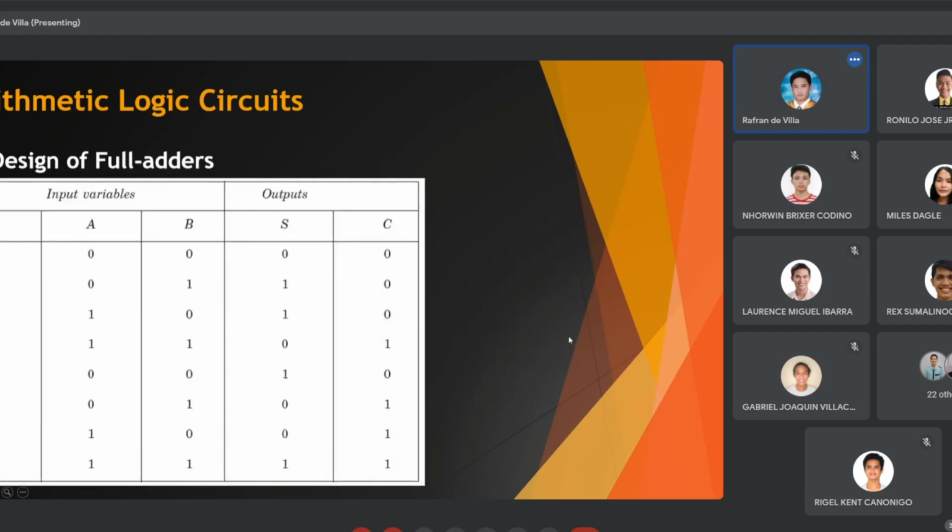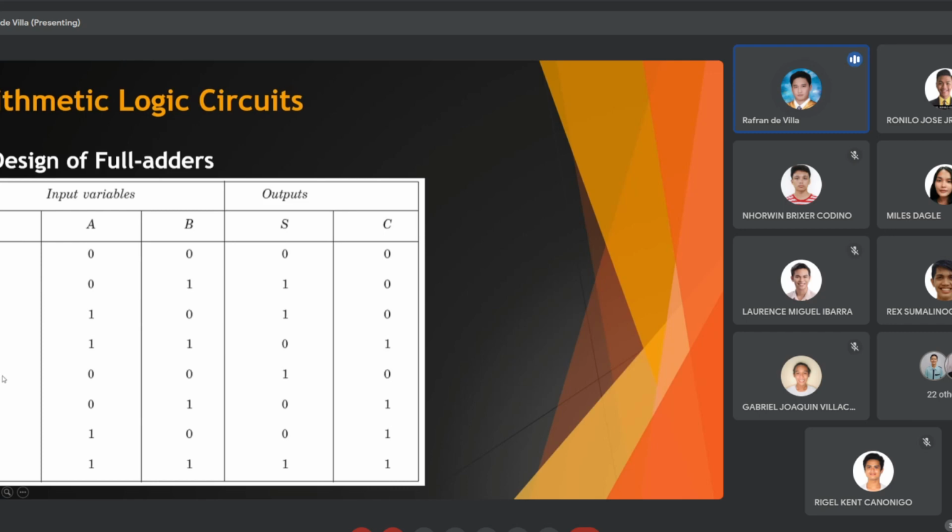Now, let's look at the design of a full adder. A full adder consists of three inputs. You have your A and B here. Let's say A is the augend and B is the addend. And what is X? Of course we have the sum and the carry, but what is X?